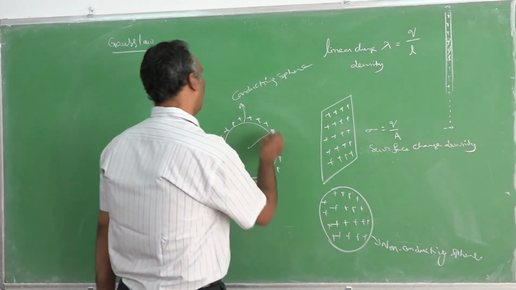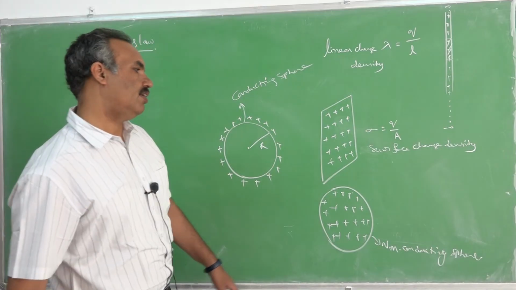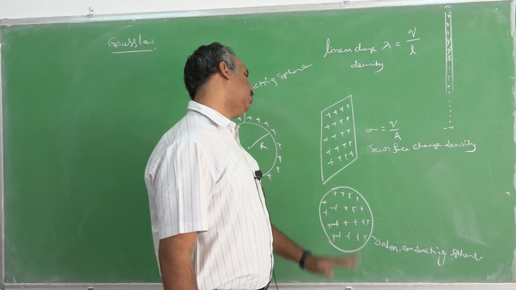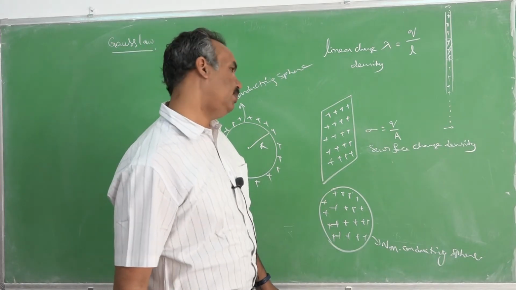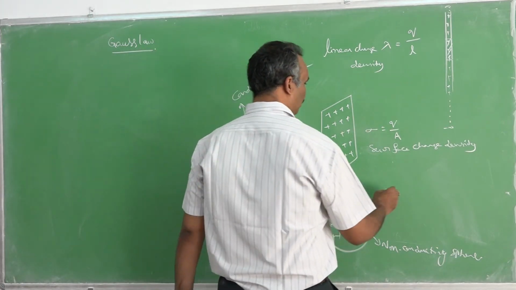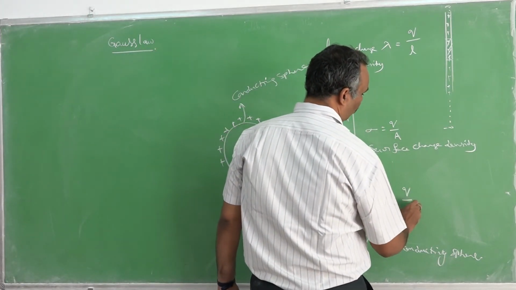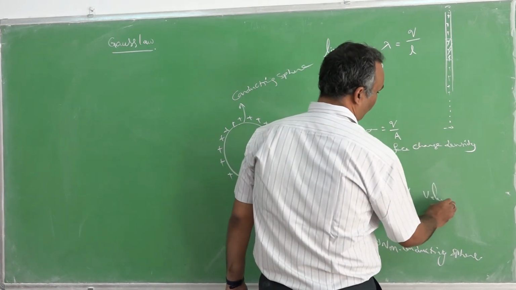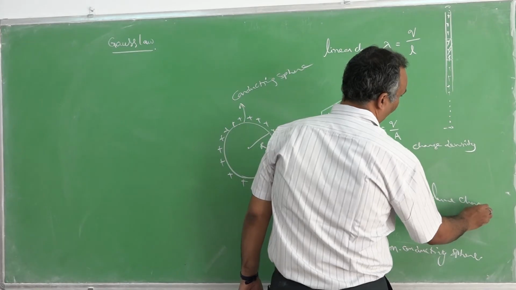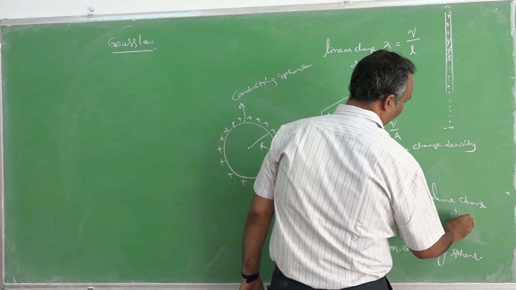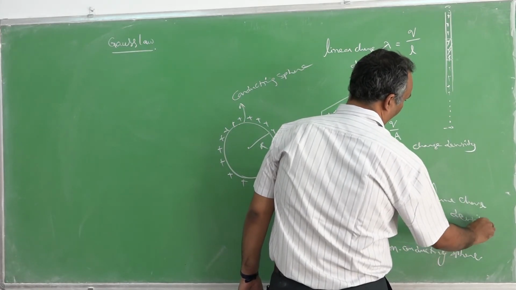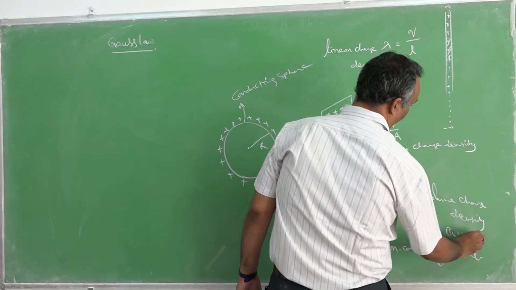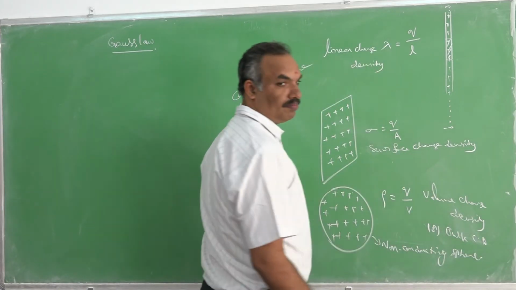Charge resides only on the outer surface of a conducting sphere. Charge resides through the entire volume of a non-conducting sphere. In this case, charge available per unit volume is defined as volume charge density, or bulk charge density.